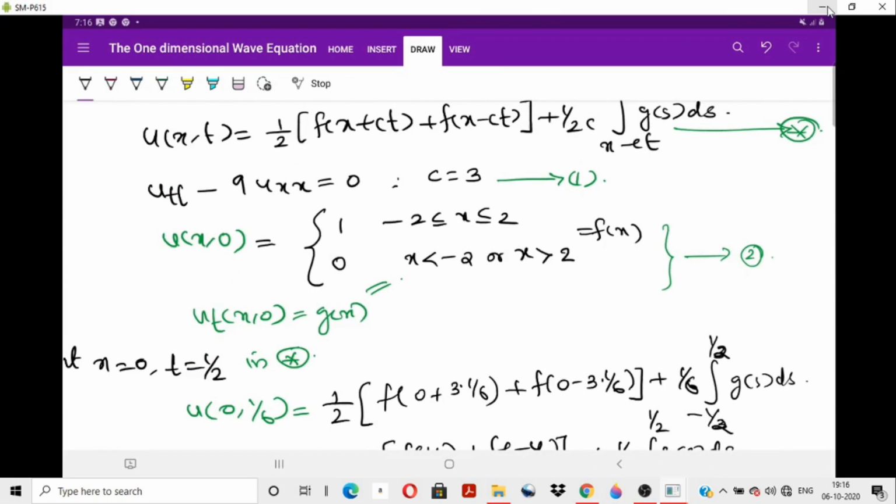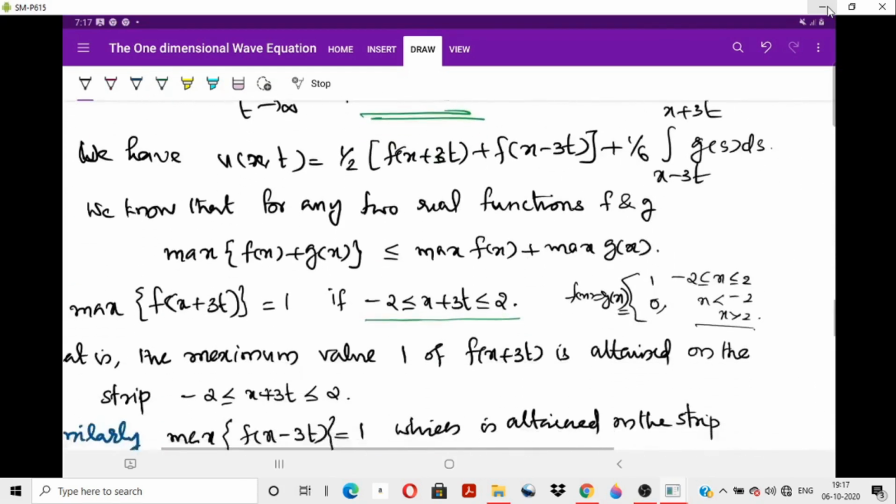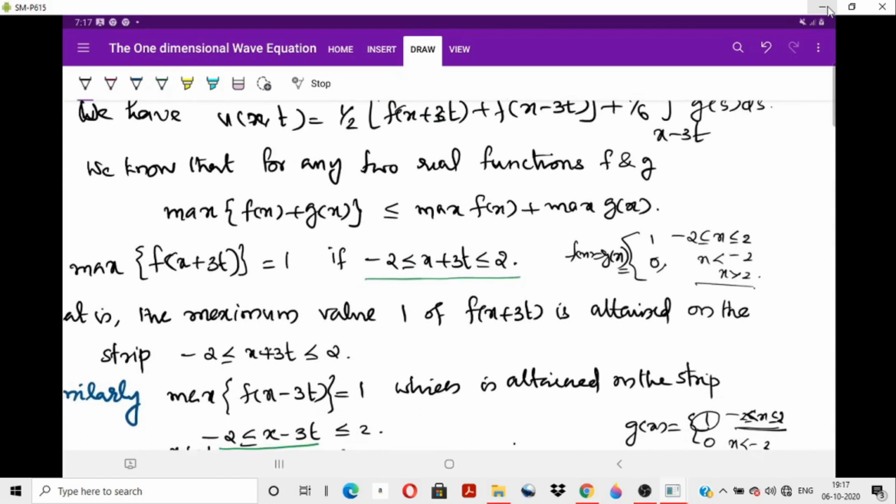Both are continuous or smooth except at the points plus or minus 2.